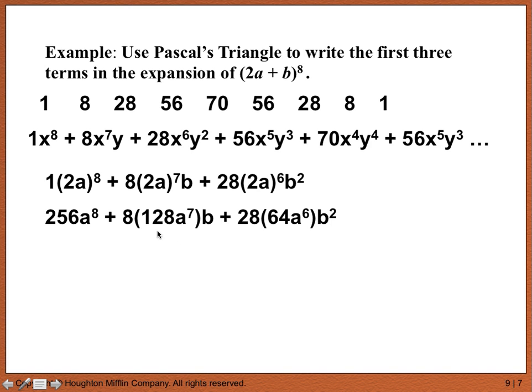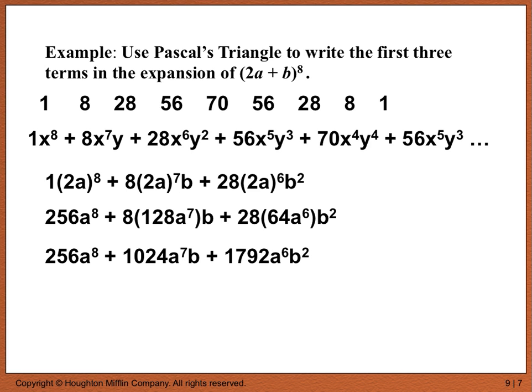And the same here, 2a to the 6th is the same as 2 to the 6th, a to the 6th: 64, a to the 6th. And finally, my final answer: 256a to the 8th plus 1024a to the 7th b plus 1792a to the 6th b squared.